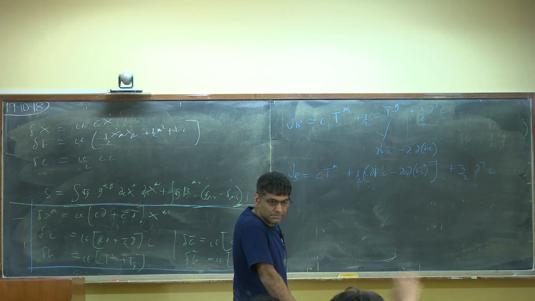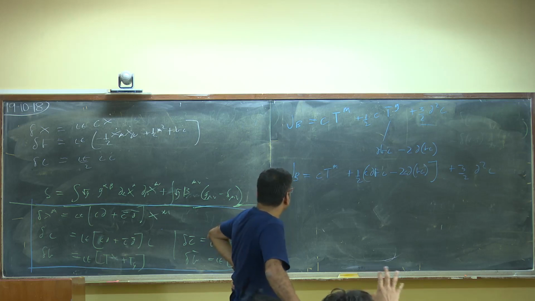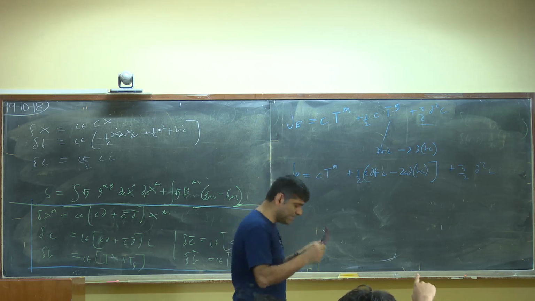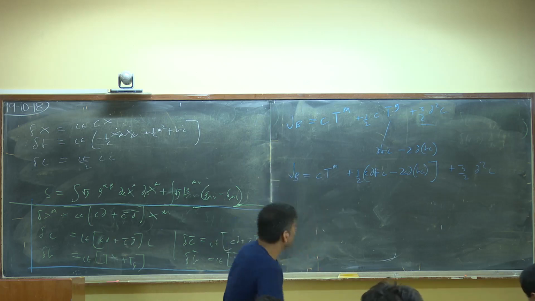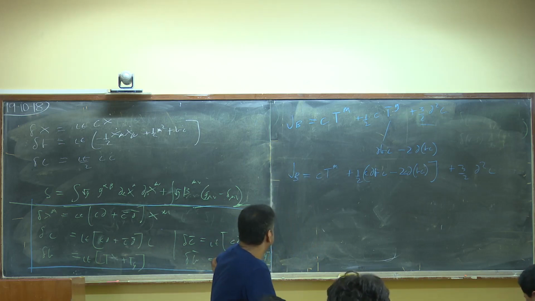Suppose this is a new theory, in which you have T matter and T ghost, and both theories have c equal to 0. So the stress tensor OPE does not have any anomaly. If it was like that, would it be that you don't need this term? Say you have a theory in which your J_B is c times T, the same structure, and I want to calculate the stress tensor J_B OPE and check if J_B transforms like a tensor or not.